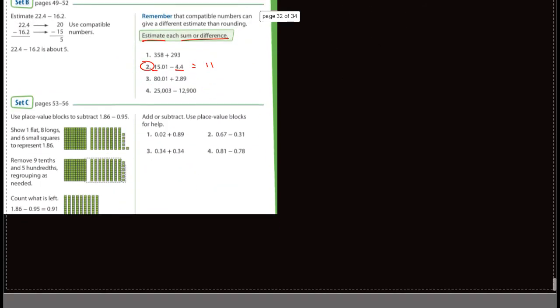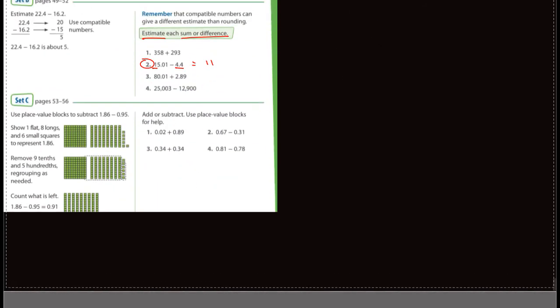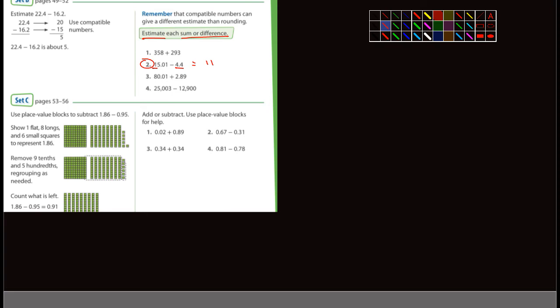So set C, you guys can do that. Add or subtract. Use place value blocks to help. So if you want to use place value blocks, you can. You don't have to. I'm just going to say that and leave it up to you guys.